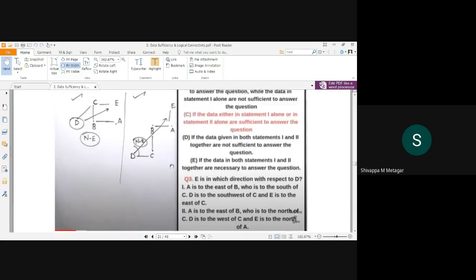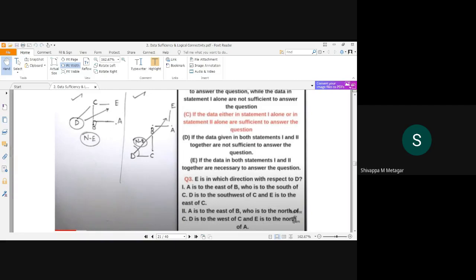So let's draw the diagram. For first one, A is to the east of B. So A is to the east of B. Okay, who is north of C?